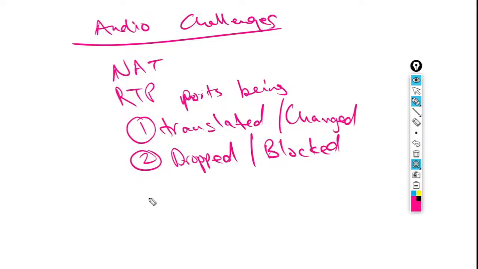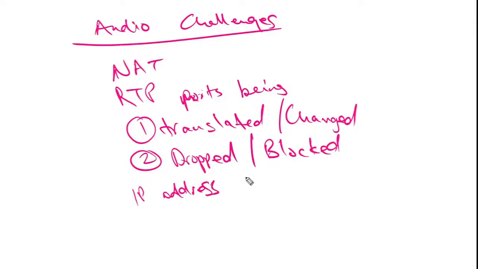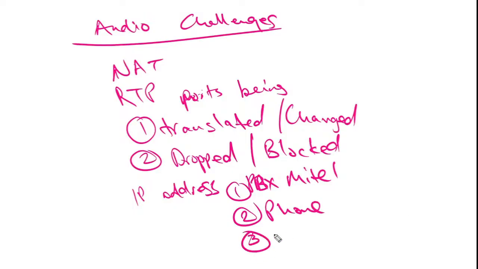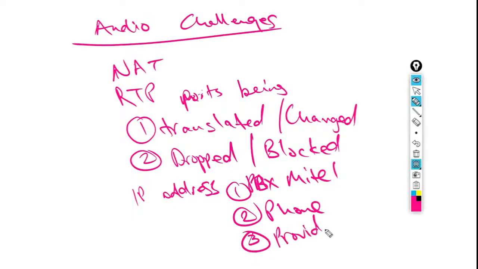Or we can have the endpoint IP addresses themselves, which could be the IP address of the PBX, which is our Mitel, or the IP address of the phone itself, or the IP address of the provider, also being changed or dropped. It can also be translated, which means changed or dropped.